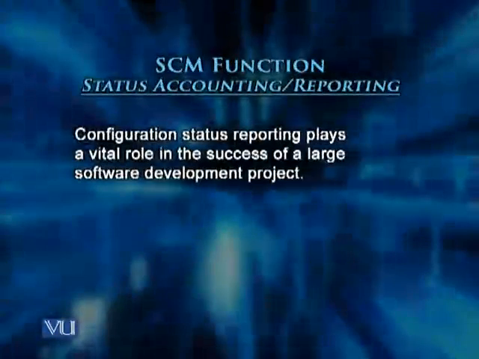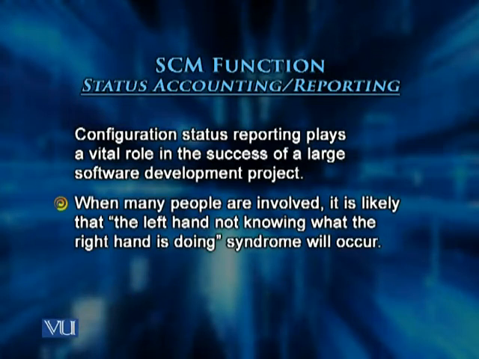Configuration status reporting plays a vital role in the success of a large software project. When many people are involved, it is likely that the left hand does not know what the right hand is doing. This syndrome would happen if we do not have a good reporting mechanism in place.